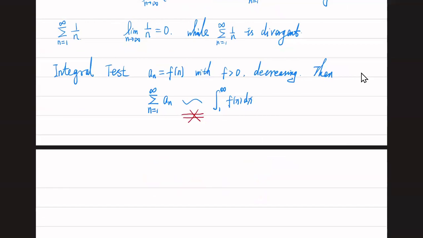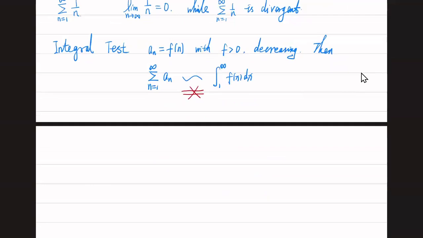So an example showing the difference is the series 1 over n squared. By the integral test, we want to check this integral. We checked it is convergent and equals 1. So it implies the series converges.